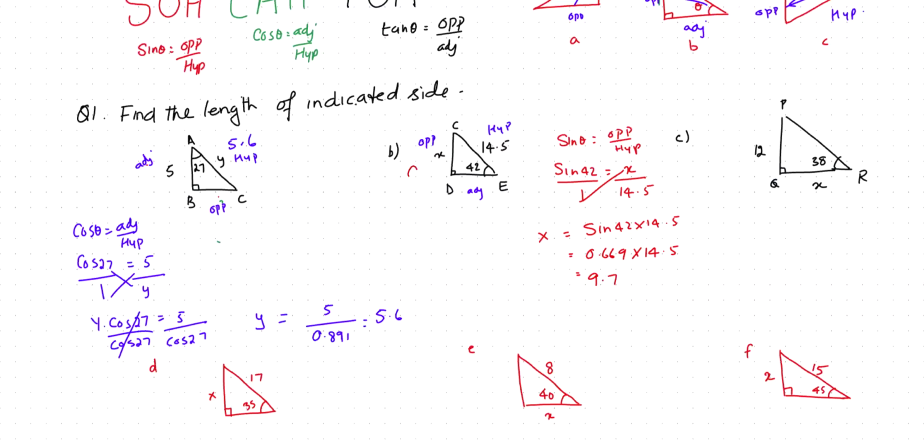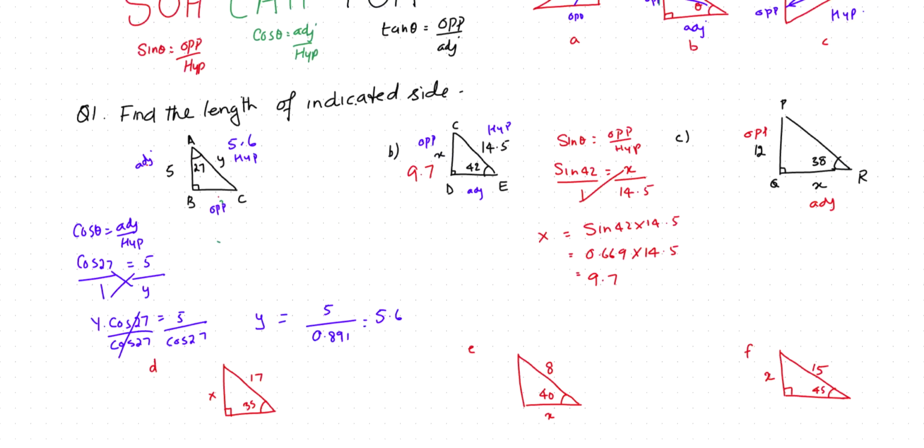Now here in this triangle, this is the reference angle, this is the opposite side, and this is the adjacent side. Now we have to find adjacent, and opposite is given. So what ratio can we use with opposite and adjacent? Tan. So tan theta is opposite over adjacent. Theta is 38.